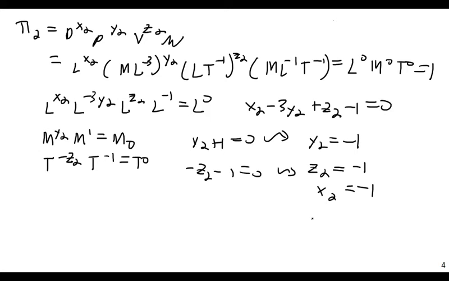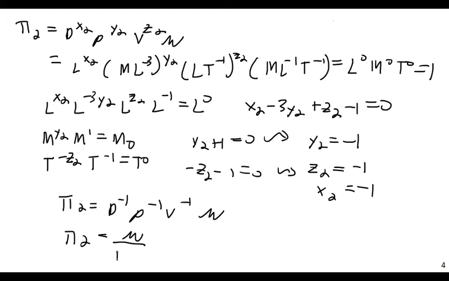X2 would be minus 1. All right, so we have that now. And so finally I can simply say pi 2 is equal to d to the minus 1 times rho to the minus 1 times v to the minus 1 times mu, or pi 2 is equal to mu over d rho v.